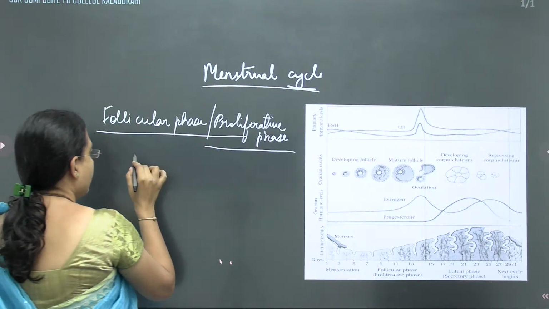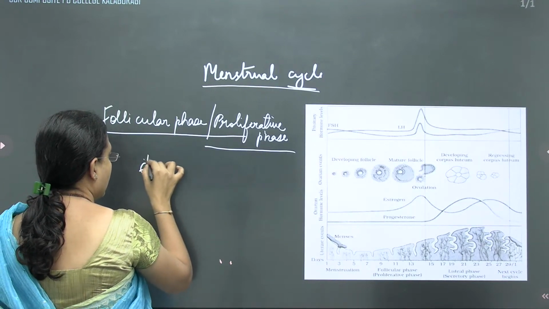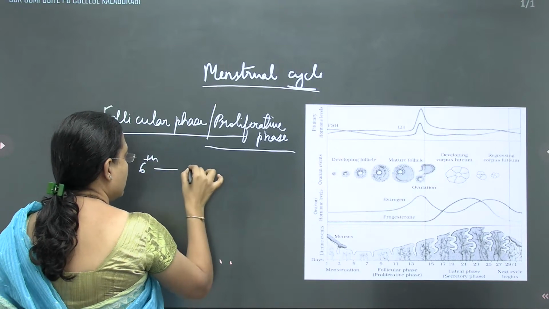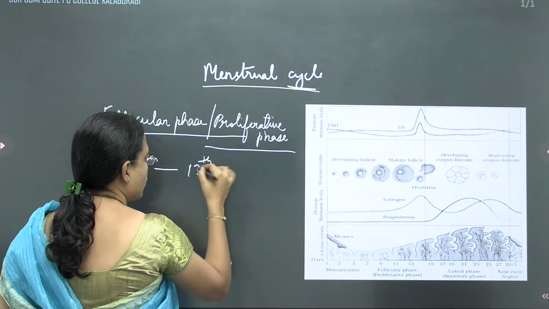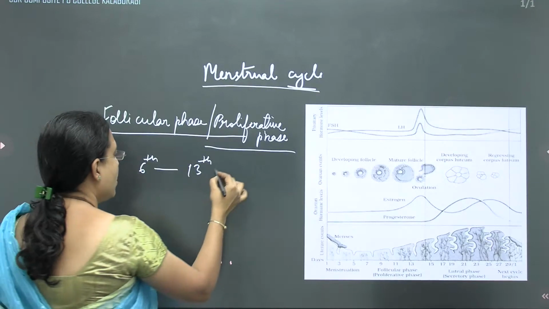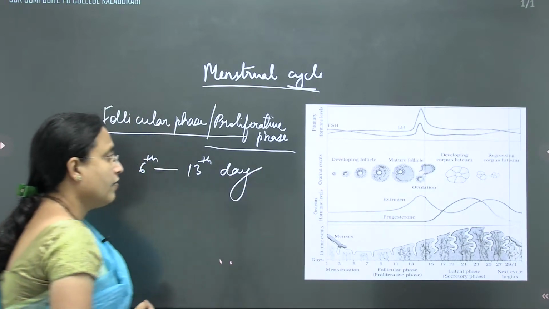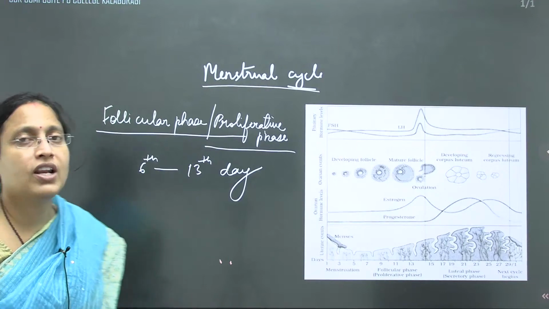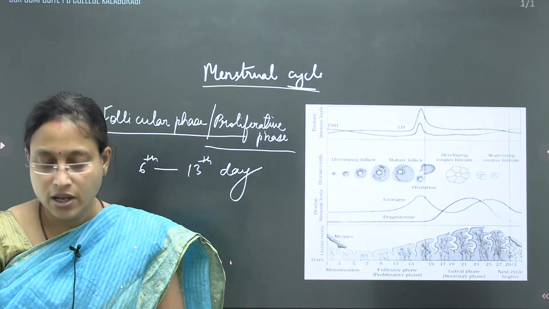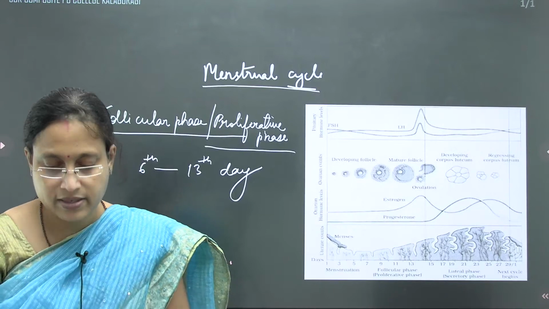Fifth day was menstrual, so sixth day. From 6th to 13th day, because the 14th day will be the next phase. So from 6th to 13th day will be the days for the follicular phase, also called proliferative phase.